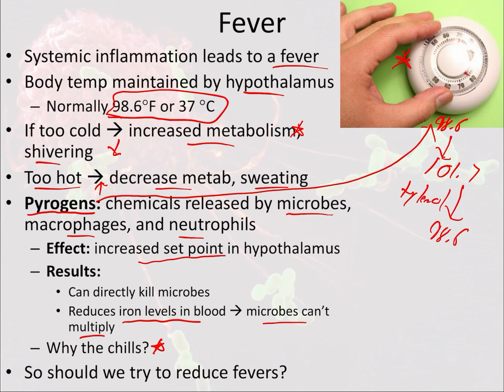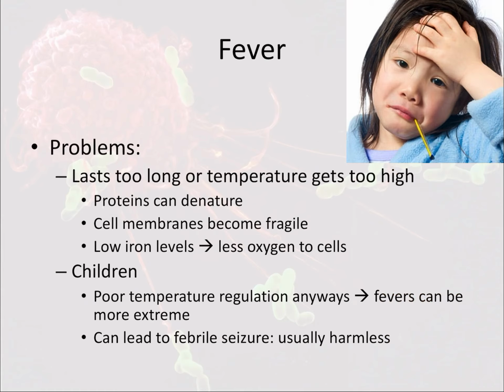So then we do the opposite. We're too hot, so now we move to sweating, right? And this is when we break our fever. We totally sweat out our whole bed, maybe in the middle of the night. If you've had the flu, you've experienced this. And then your temperature drops back down to 98.6. Okay, so that's what a fever is all about.